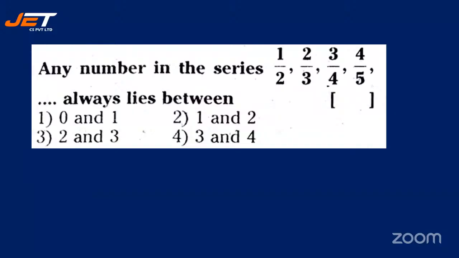Any number in the series 1 by 2, 2 by 3, 3 by 4, 4 by 5, and so on, always lies between dash.